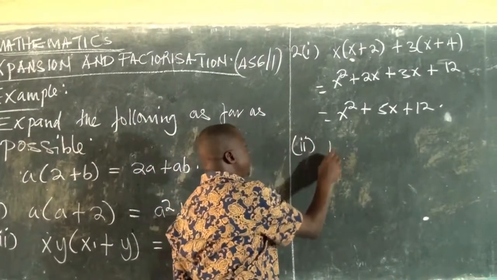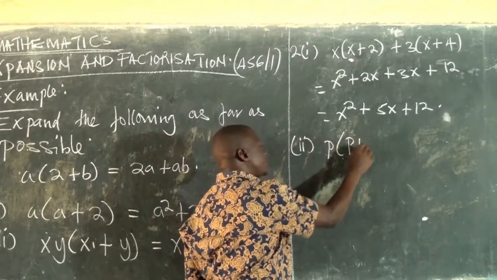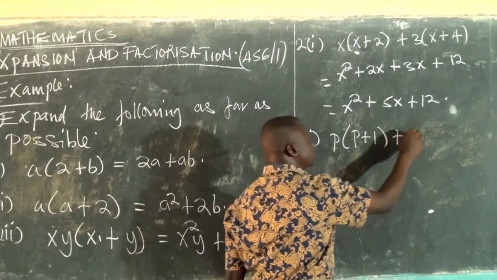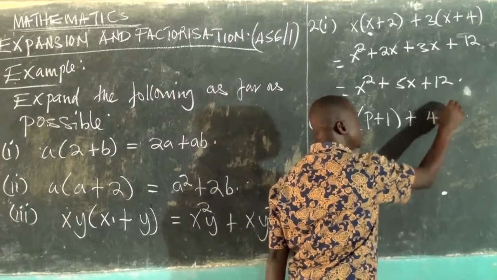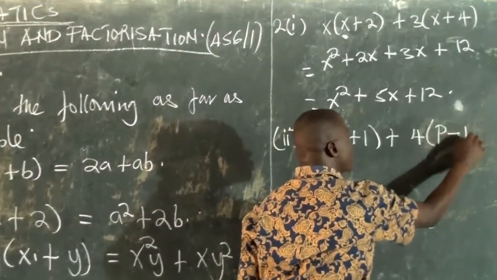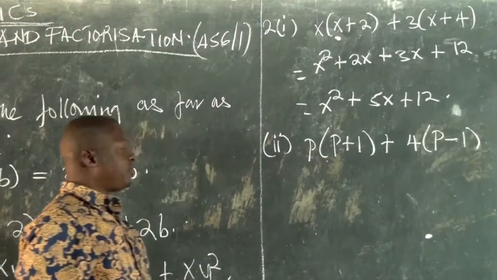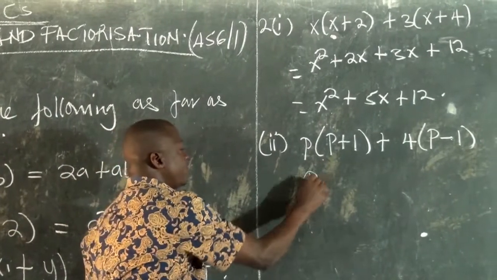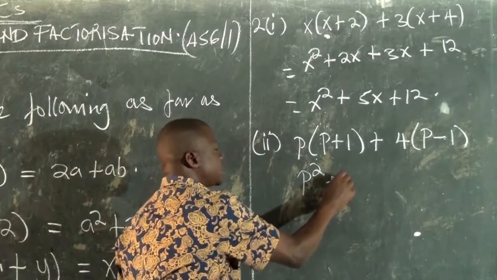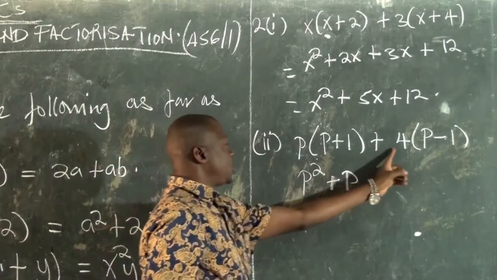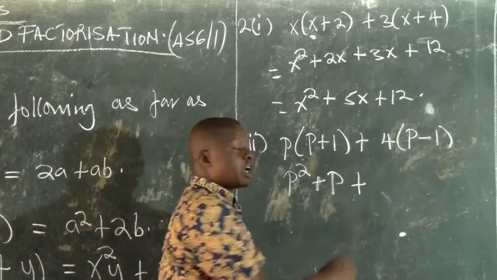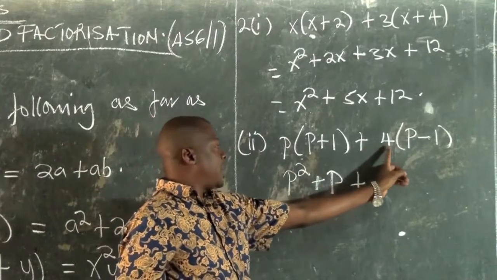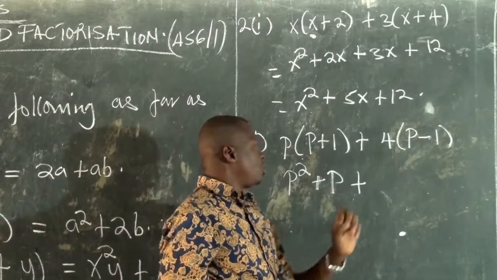We have p into p plus 1 plus 4 into p minus 1. Let us deal with the first bracket, where we have p squared plus p. Then in the second bracket, we shall multiply 4 by p and also negative 1.